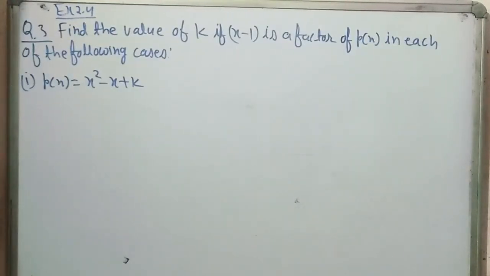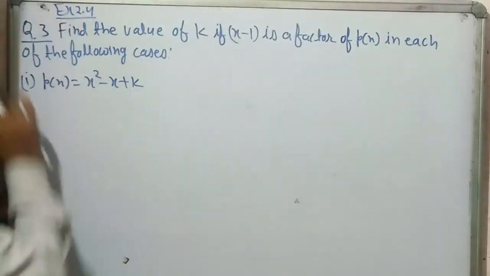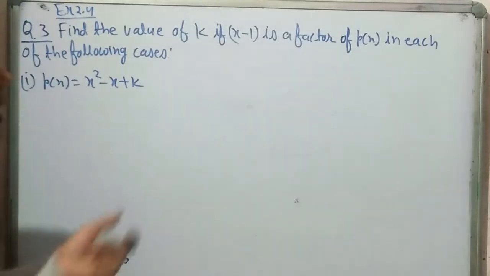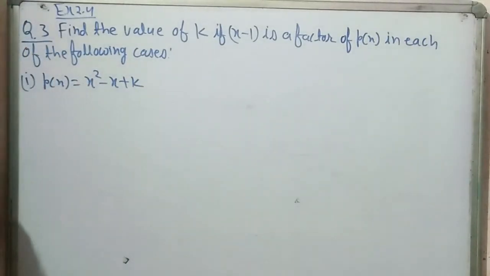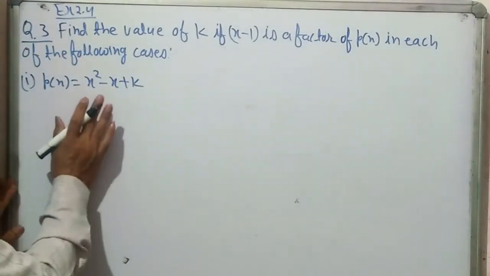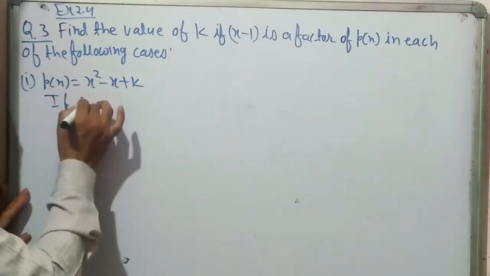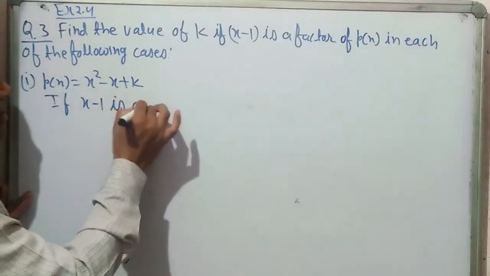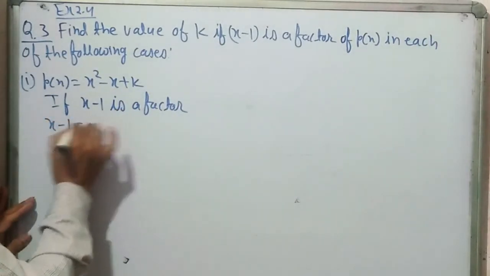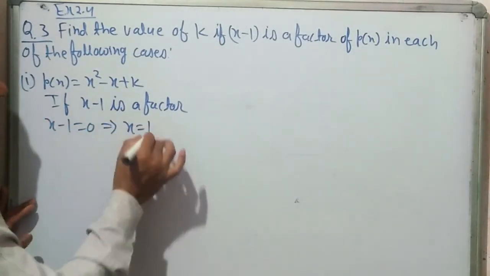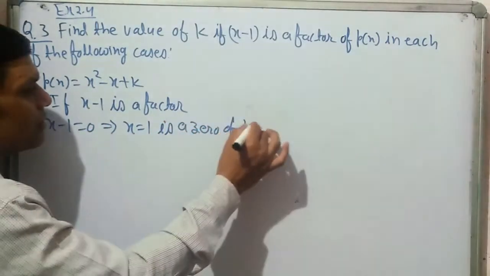Now in question number 3, what we are being told to find is the value of k, provided that x minus 1 is a factor of the polynomial in this case. Right? How shall we go about solving this? The method remains the same. If x minus 1 is a factor, then putting x minus 1 equal to 0 implies x equals 1 is a 0 of p(x).